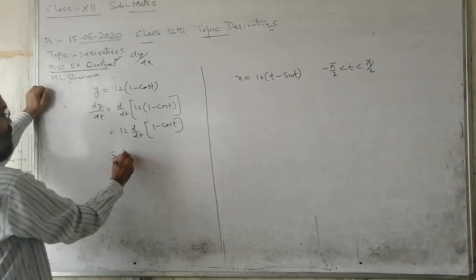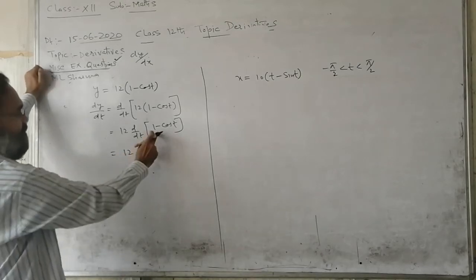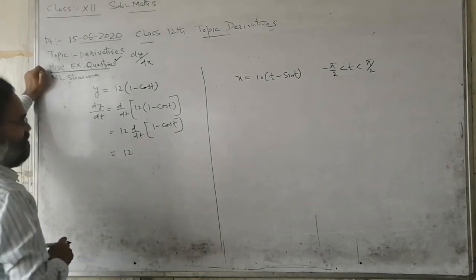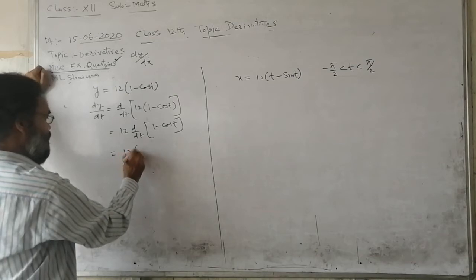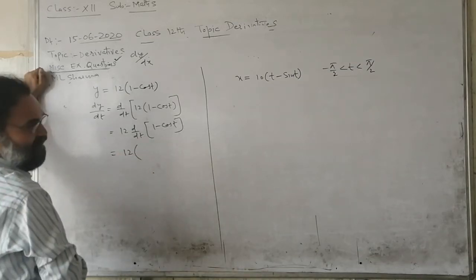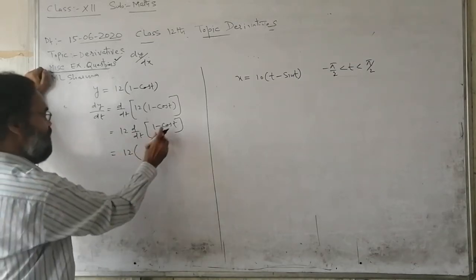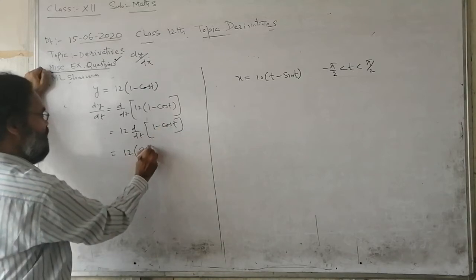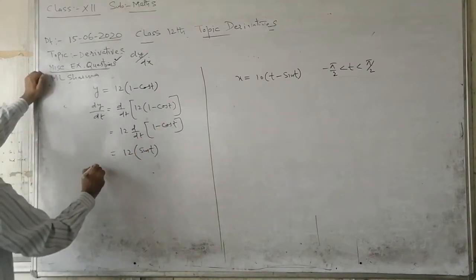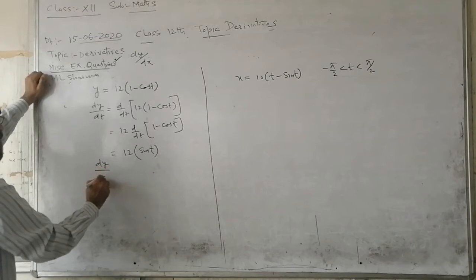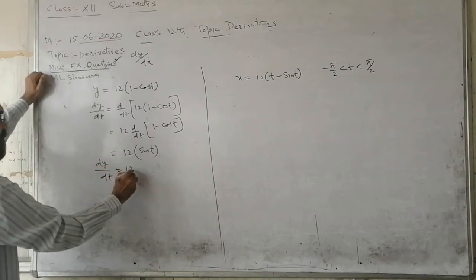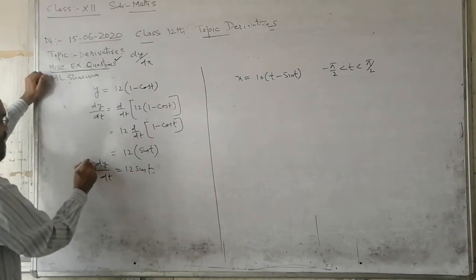So this will equal 12 times the derivative of 1, which is constant so 0, and the derivative of cos, which is minus sin t, so this will become sin t. So dy upon dt has the value 12 times sin t.